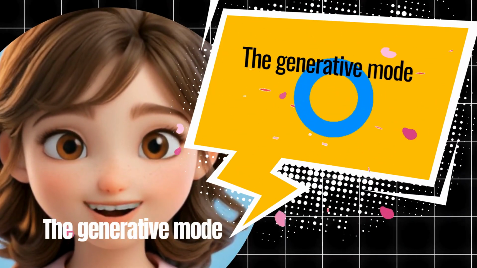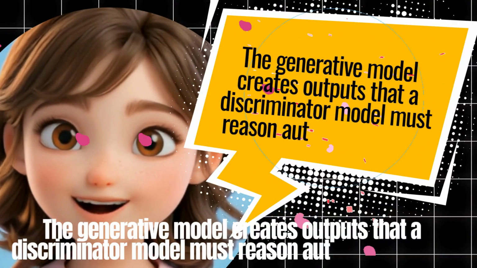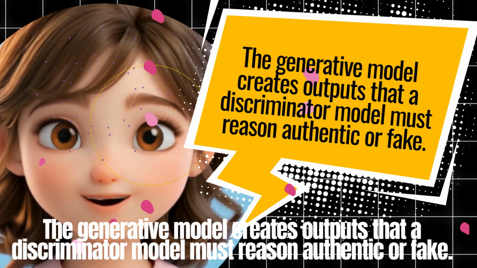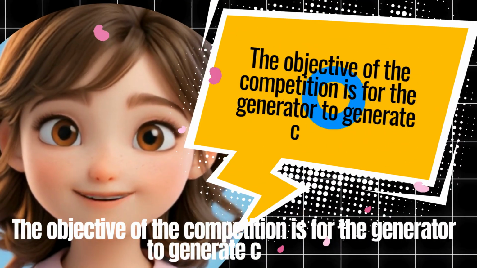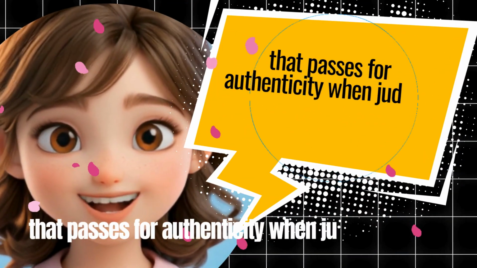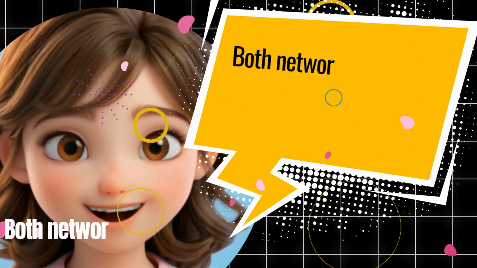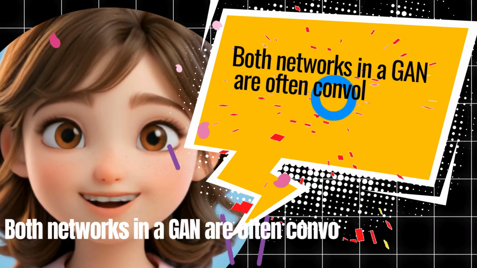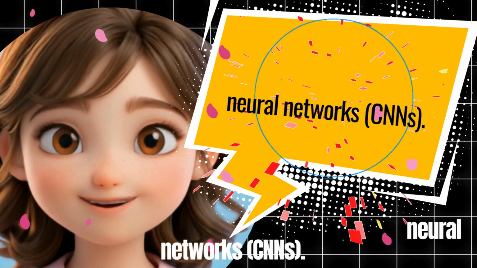The generative model creates outputs that a discriminator model must reason authentic or fake. The objective of the competition is for the generator to generate content that passes for authenticity when judged by the discriminator. Both networks in a GAN are often convolutional neural networks, CNNs.